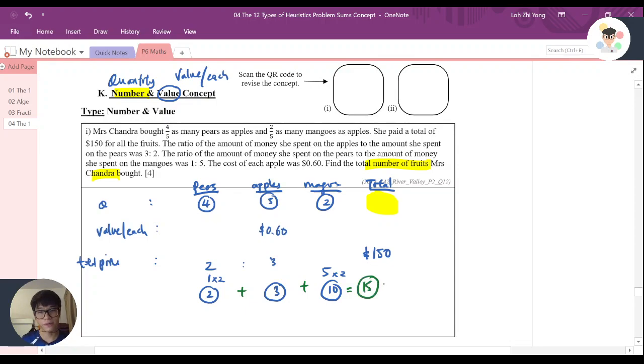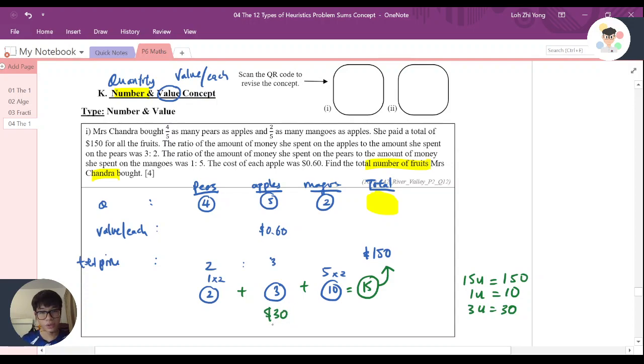And I know that 15 units is equivalent to $150. So very obviously, 1 unit is equal to $10, and 3 units is equal to $30. Why am I looking for 3 units? Because I want to get to this.